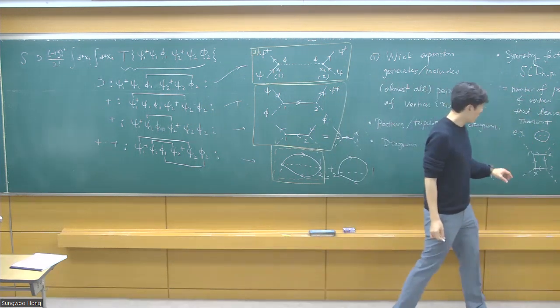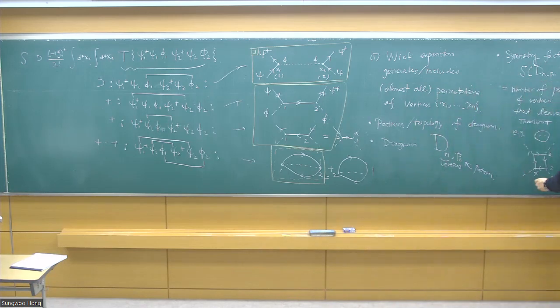There are 4 diagrams where the vertices along the charge flow go like 1, 2, 3, 4, then 2, 3, 4, 1, then 3, 4, 1, 2, then 4, 1, 2, 3. I can just do the rotation, and none of that changes anything here. So if a cyclic permutation of the vertices leaves the diagram invariant, the symmetry factor here is 4.